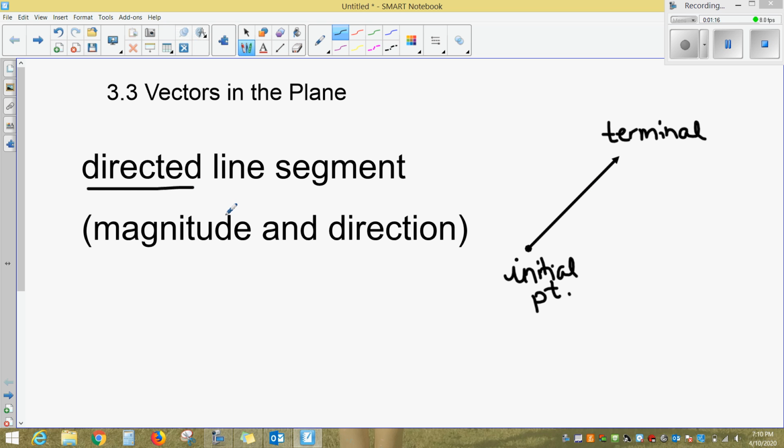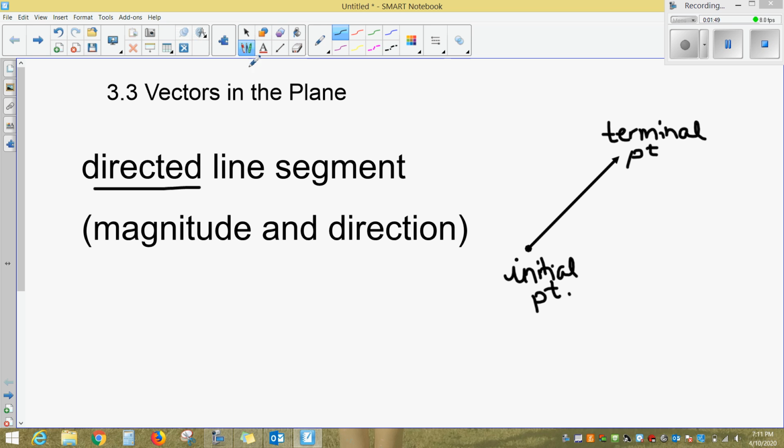My underline under the word directed is just a line segment, and I can move it anywhere. Our directed line segment has a starting position and an ending or terminal point, and it specifically goes in this direction for that length.